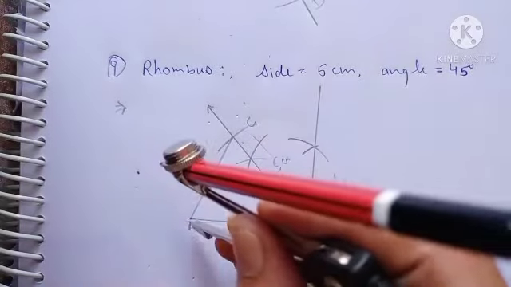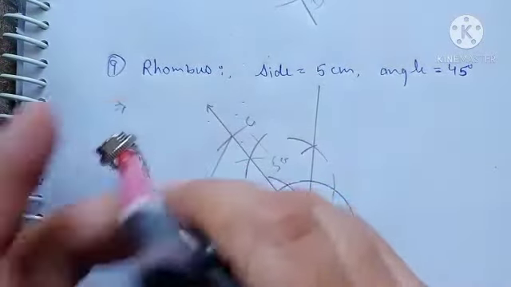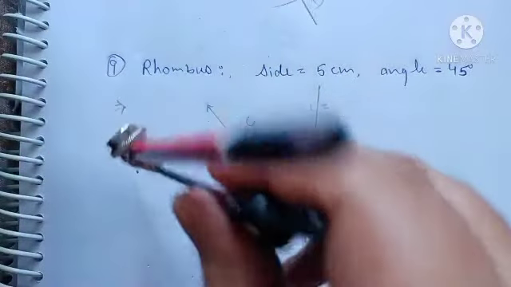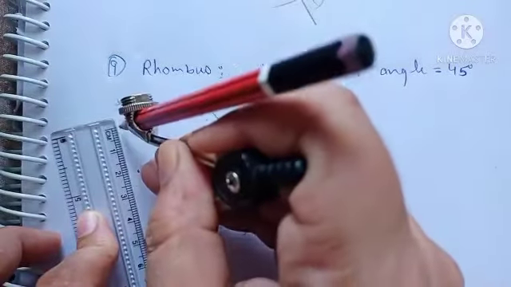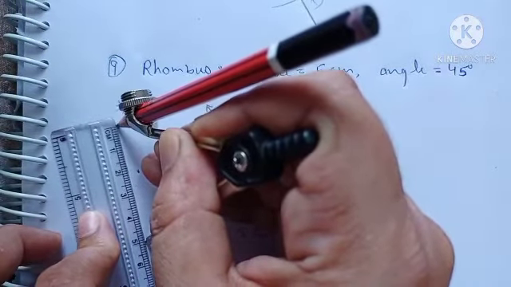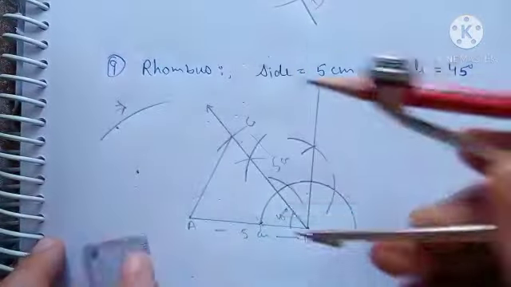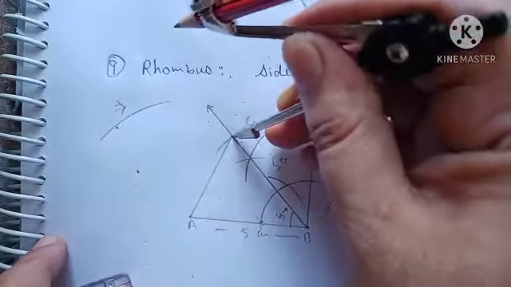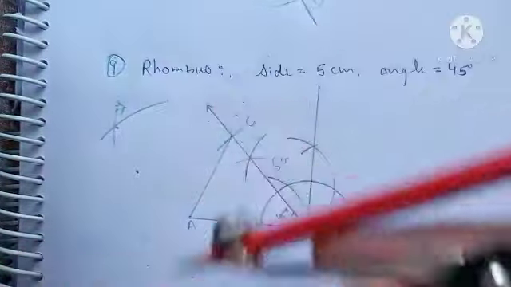And now take A as center and draw an arc taking 5 centimeter as radius. Now taking C as center, draw an arc which meets the previous arc at D with the same radius, with this radius 5 centimeter.